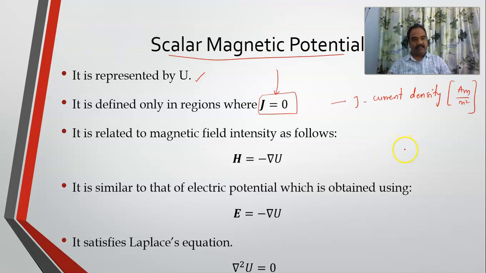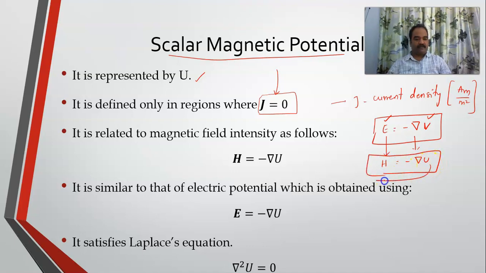As we have seen in electric fields, E is equal to minus del V. This is electric field intensity, and this is electric potential. Similarly, in magnetic fields, the magnetic field intensity is H, and this is what we have written here.